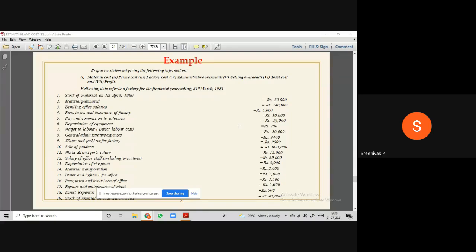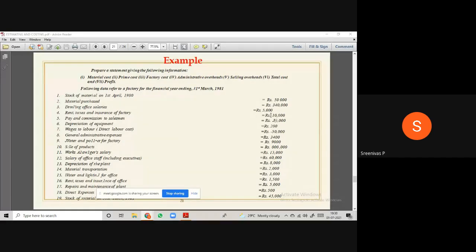A small example is given having various types of costs. Stock of material. I have taken one academic year or one financial year into consideration. Stock of material, materials purchased, rent, taxes, pay and commission to salesmen, like this. We have considered certain amounts.